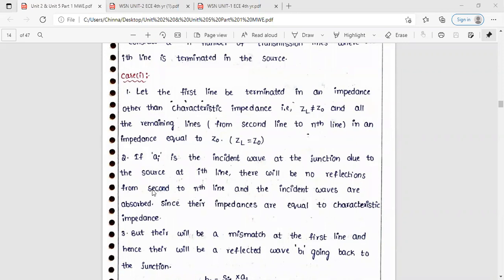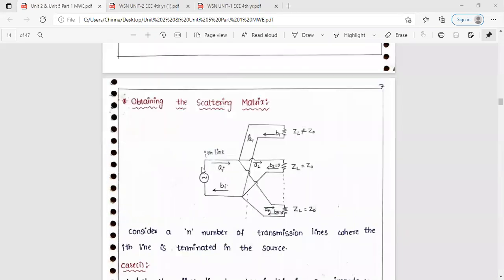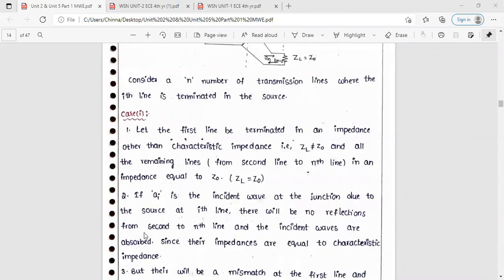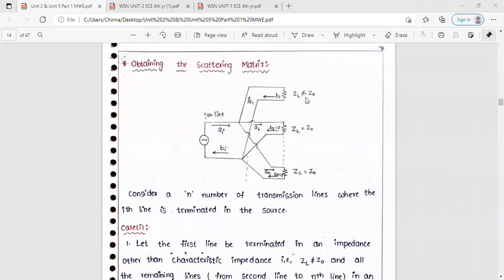Here the ith line is the source line, a_i is the incident wave, and no reflections take place. For the second to the nth line, the incident waves are absorbed since their impedances are equal to the characteristic impedance. Only the line with ZL not equal to Z0 will reflect. The other lines will not reflect, due to exact matching with ZL equal to Z0.